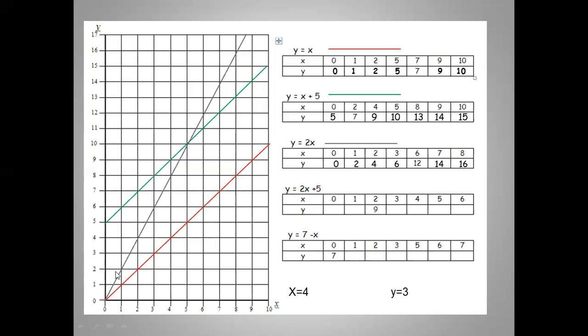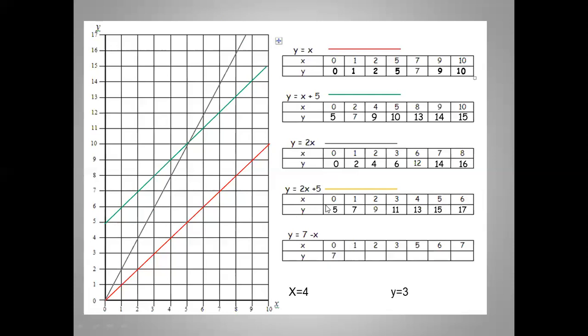Okay, y equals 2x plus 5. I'm going to replace x with 0, so it will be 2 times 0, which will be 0, plus 5, which will be 5. I'm going to replace x with 1, so it will be 2 times 1 equals 2, plus 5, 7. So I got the points.